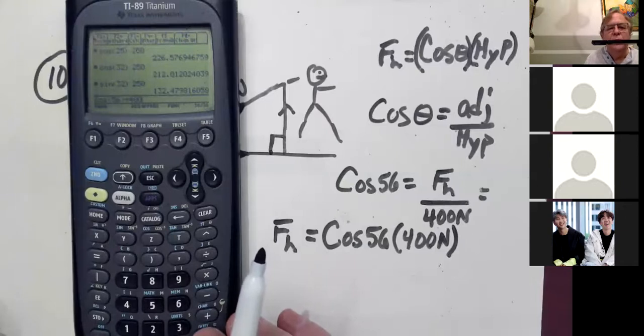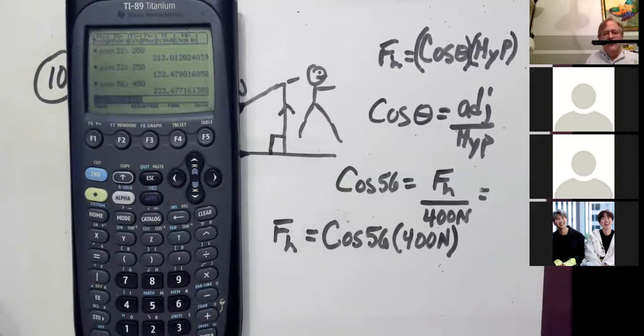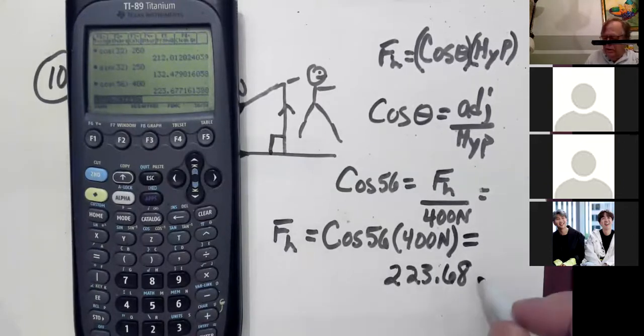It's real important that you have your calculator in degree mode, because you won't get the same answer otherwise. If it's in another mode like radians, you won't get the same answer. So here's my answer: 223.68 newtons.